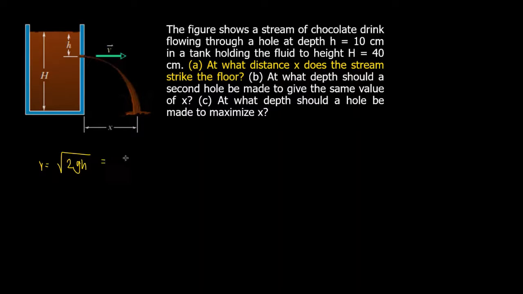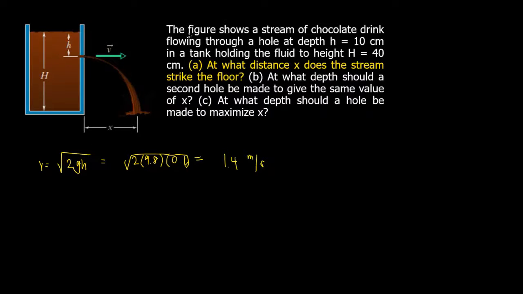So that is the square root of twice 9.8 meters per second squared, times our h. What is h? That's 10 centimeters or 0.1 meters. Taking the square root, the answer is, what is the velocity? That is 1.4 meters per second. However, that's not yet the answer.